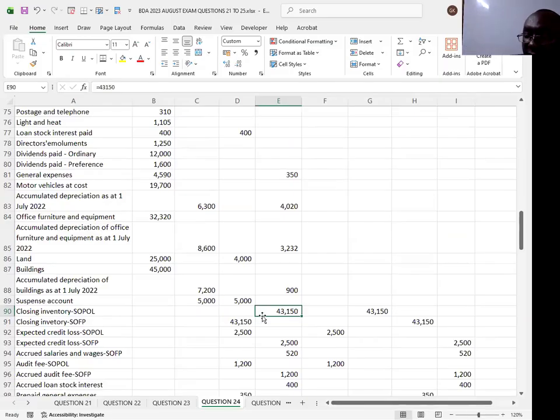Ndio tunaiweka credit. Alafu you debit here because it is a current asset. That's why we are debiting here. Alafu naileta kwa statement of financial position. Alafu sasa hii inakuwa kwa credit of statement of profit or loss. Is that okay, Kevin?